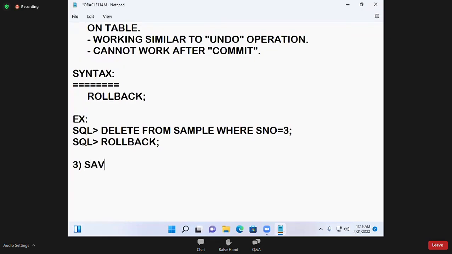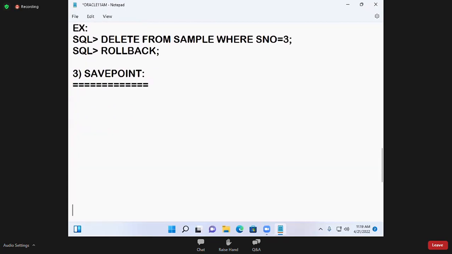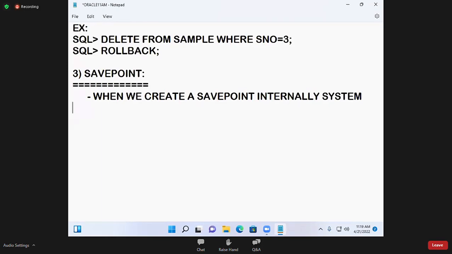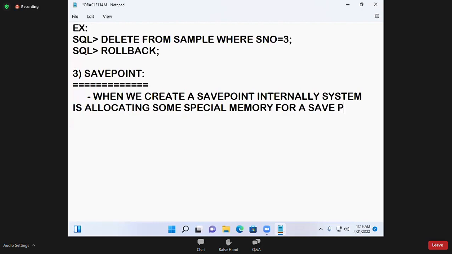So, text heading: savepoint. Basically, the purpose of a savepoint, observe: when we create a savepoint, internally the system is allocating some special memory for your savepoint.